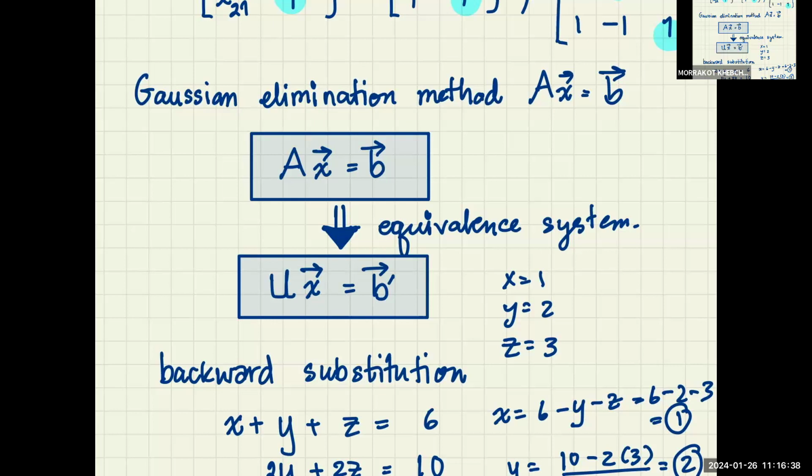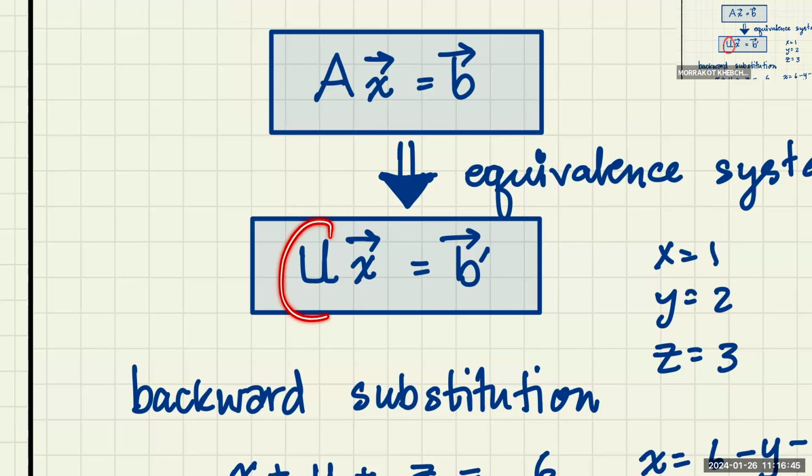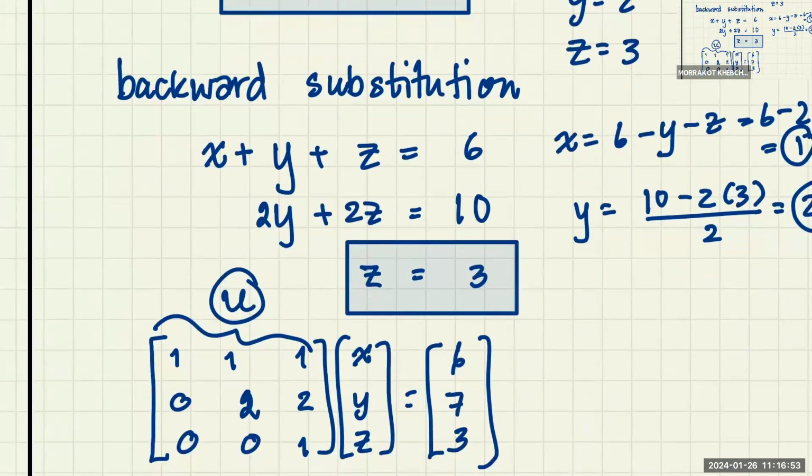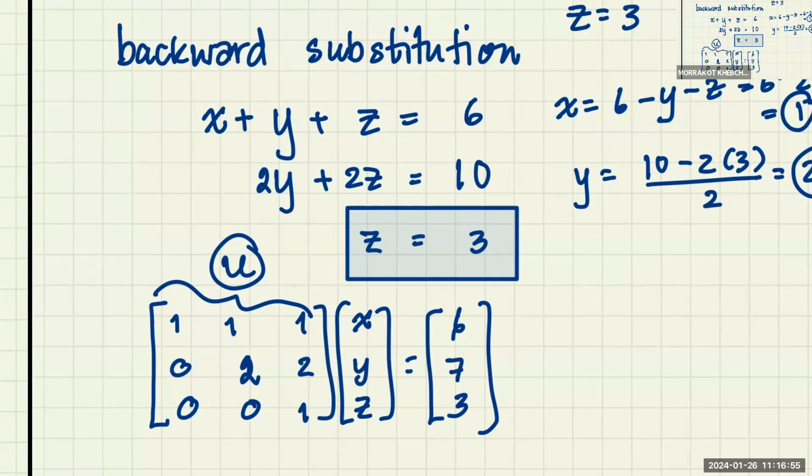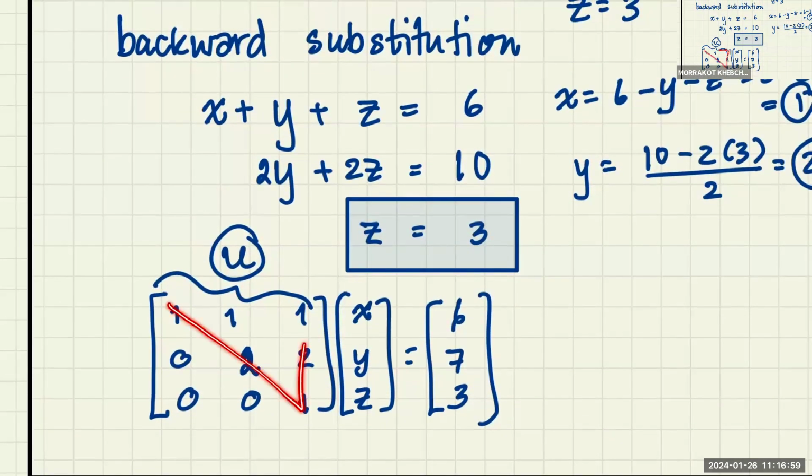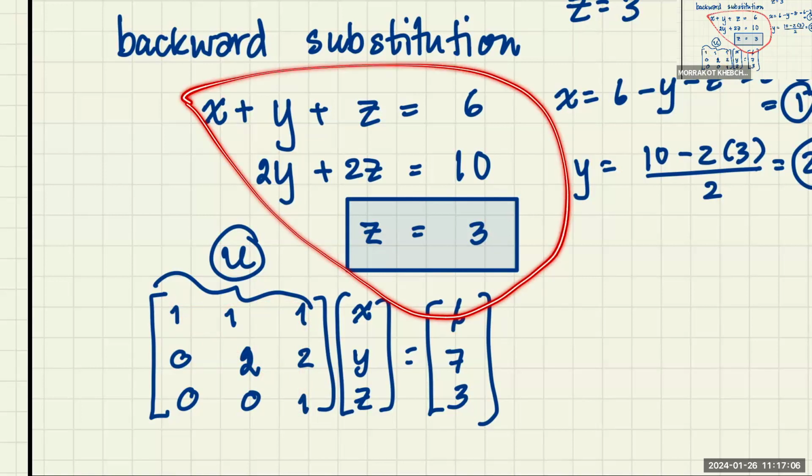What we try to do is reduce the full matrix to a system which is called an upper triangular matrix U multiplied by x. Okay, and today I will show you the features of matrix U. U is the upper triangular matrix like this. If you rewrite this upper triangular matrix, you will get the system like this.